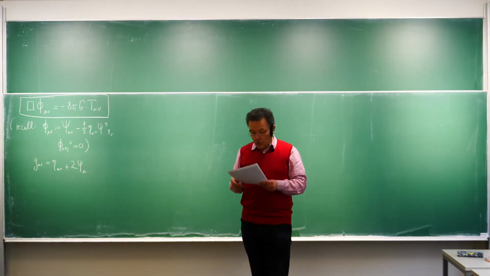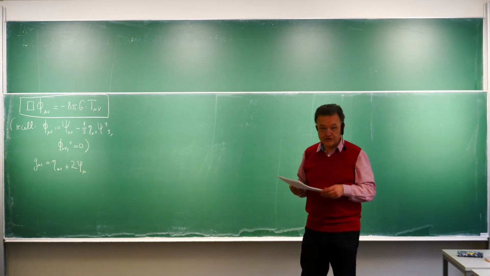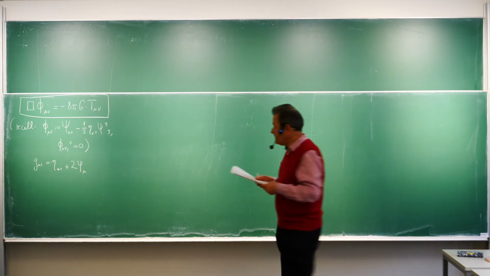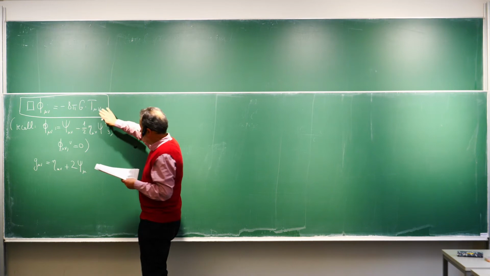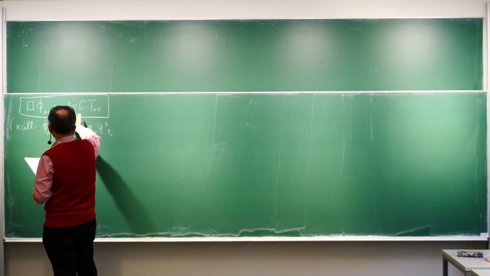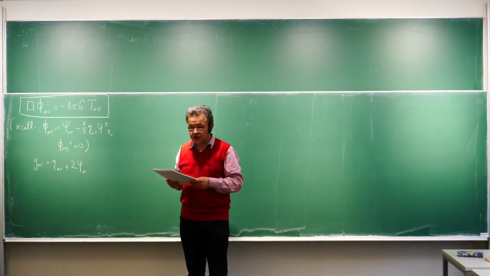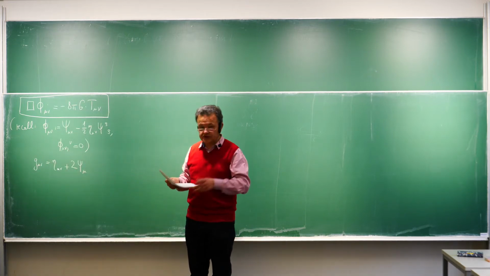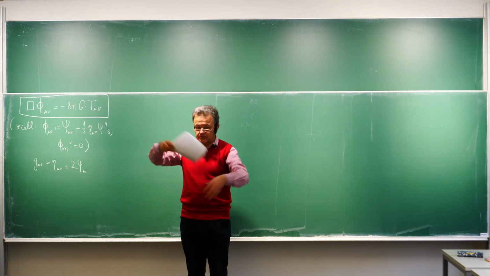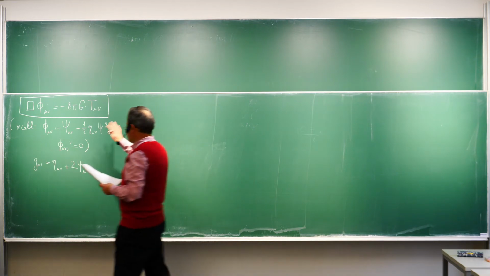So in order to calculate the emission of gravitational waves from a source, we have to solve the linearized Einstein equation. D'Alembert phi mu nu is minus 8 pi G T mu nu, where T mu nu is the energy momentum tensor of the source, which you will see typically moving compact objects moving around each other.